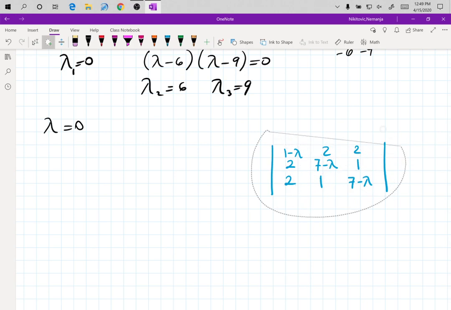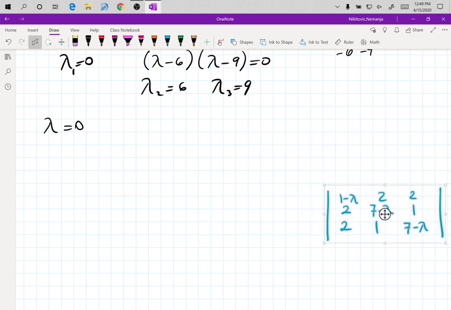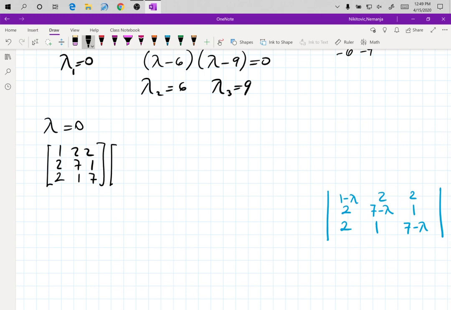I'm placing it down because I still need to do lambda 2 and lambda 3. So when lambda is 0, my matrix is going to be 1, 2, 2, 2, 7, 1, 2, 1, 7 times a, b, c, giving me 0, 0, 0. So when lambda is 0, this is my matrix.